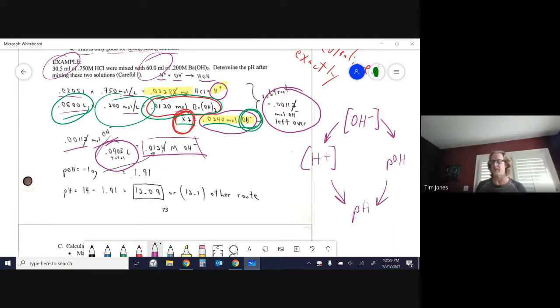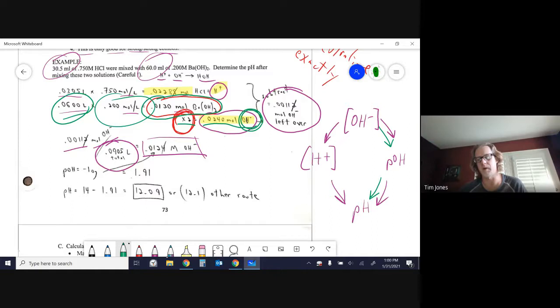It doesn't really matter, it's completely your choice. However, I have found that students typically like this version. The math is faster and easier, so I usually do it this way. I refer to it as the alternate way because going to H plus is the way you were likely taught first, but once you know what you're doing, we'll typically do it this way.